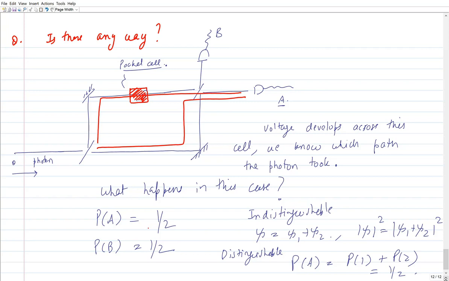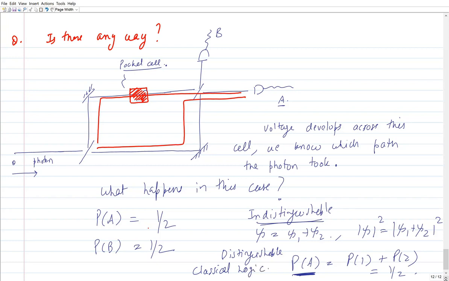So there's a very intimate connection between when my alternatives in the universe are indistinguishable, that means there's no information in the universe at all about which path the photon took, then in this sense I'm going to add up the probability amplitudes, and that's essentially the key ingredient of quantum mechanics. The moment anyone in the universe, it could be the air molecules, it could be anyone in the universe, comes to know which path the photon took, I'm going to add the probabilities, and my classical logic is restored.